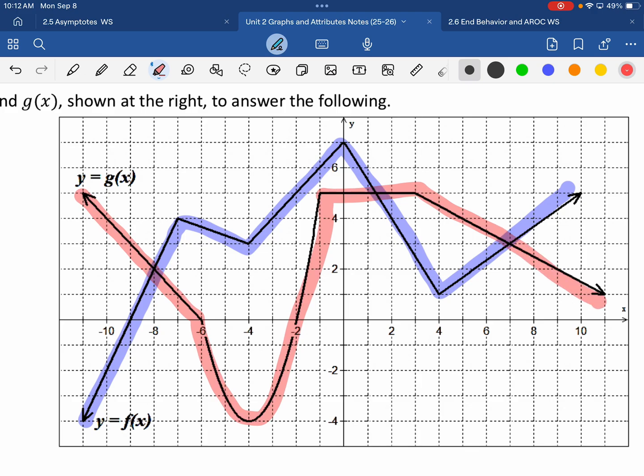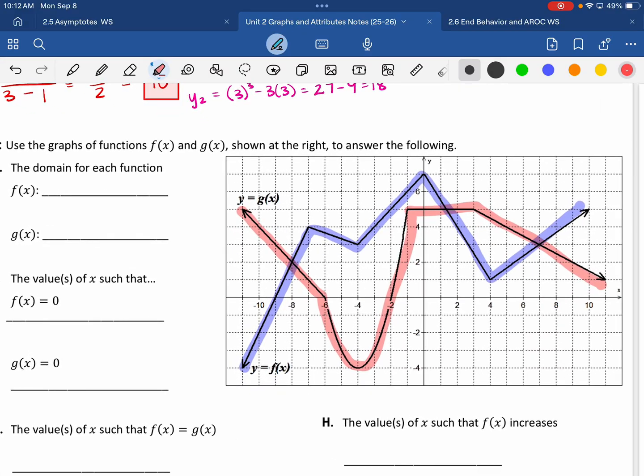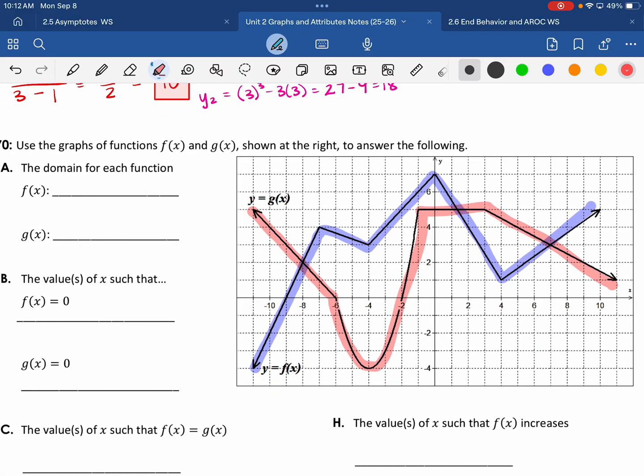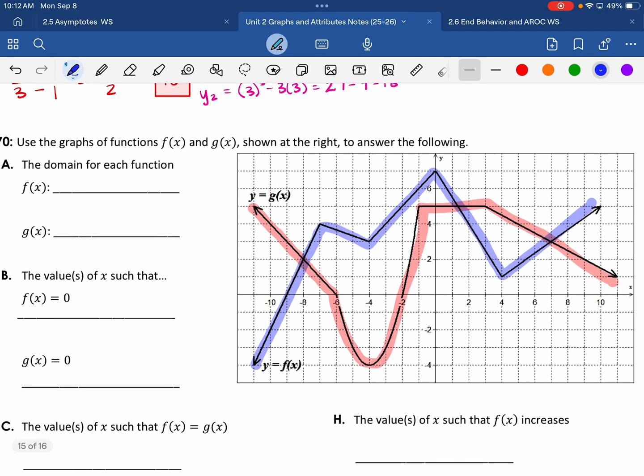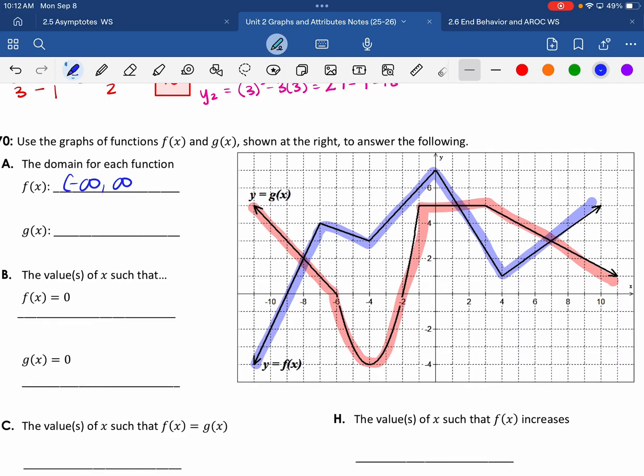So you can kind of see the two different functions. All right, so for my domain of f and g, do you have any endpoints? No, they're arrows. So what's my domain going to be for both of them? Well, all real numbers. So for f, it's going to be negative infinity to infinity, or you could put the all real number symbol. And for g, it's going to be negative infinity to infinity.